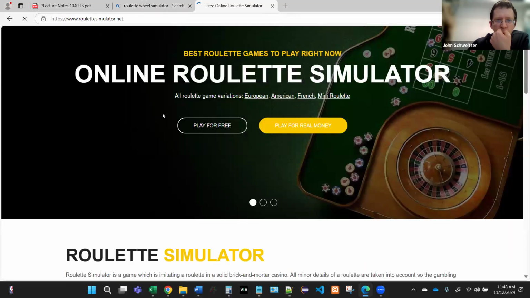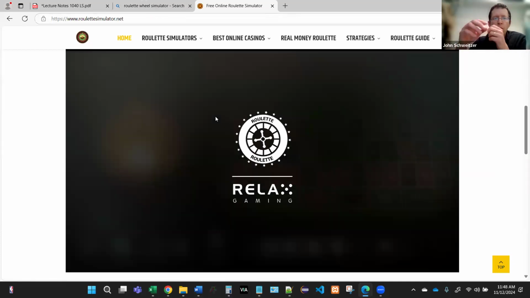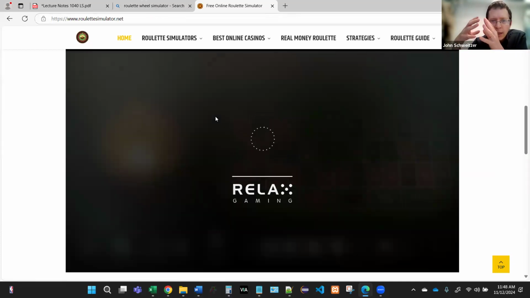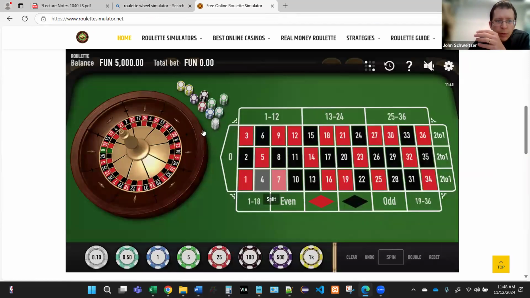But basically, there's a wheel, and on the wheel are these slots. Each slot has a number, and when you play, you put some money down on the table, or chips, right? And then you predict what number it's going to be. So maybe we'll go for 17.